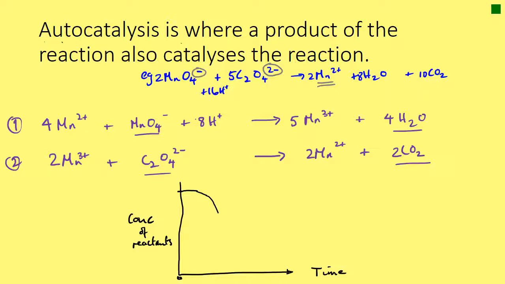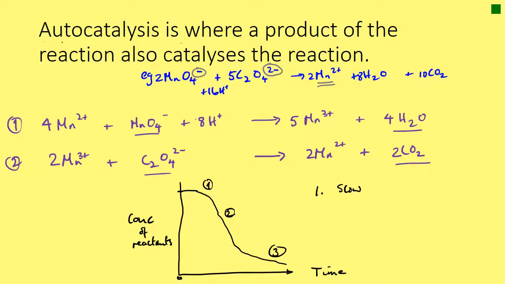So the concentration of the reactants decreases very quickly until they've basically all been used up, in which case the reaction slows because there's not many reactants left, and eventually it's 0.